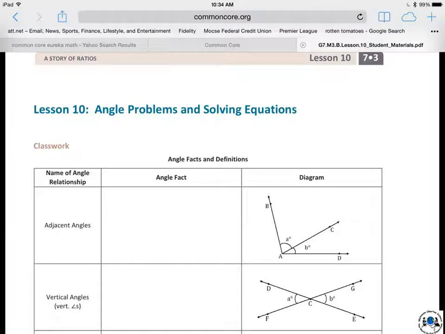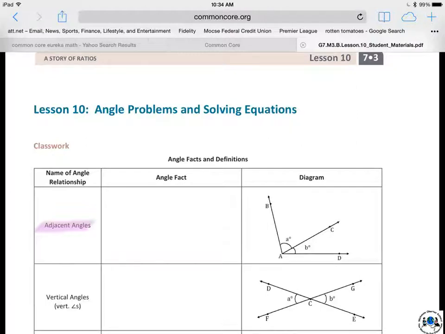If this is really the first time you're hearing this, please listen closely and take good notes. Our first angle relationship is adjacent. Say that word over and over until you know how to pronounce it properly. Adjacent angles are angles that are side by side.